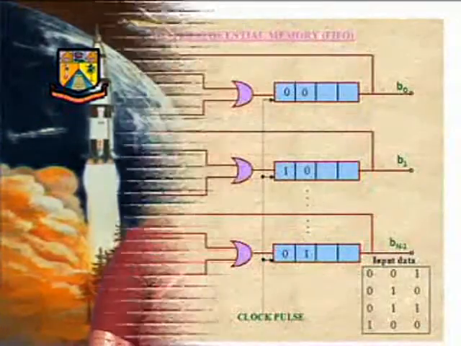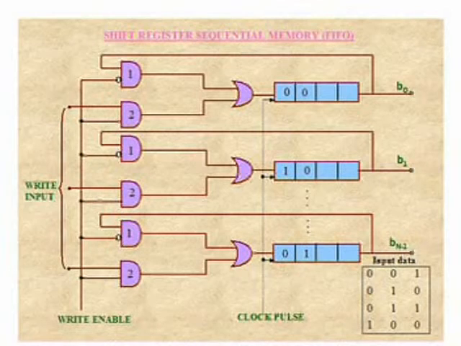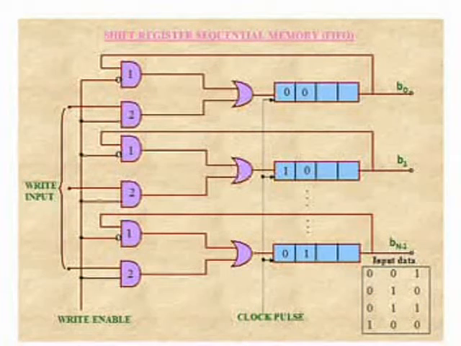Again, when you apply the next data, that is 0, 1, 0, in synchronism with the clock pulse, the first data is shifted right and makes room for the next data. Similarly, when you apply the next data, this data will be shifted right and new data will come into the first position.